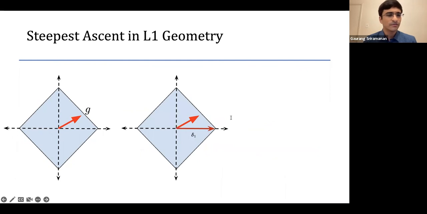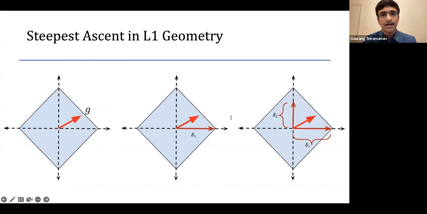And it turns out that it's fairly easy to show that steepest ascent in L1 essentially involves selecting the gradient component with the largest absolute magnitude and entirely saturating that particular pixel up to image constraints, which is 0, 1 in our case. And this process is repeated iteratively in a descending sorted order of the gradient component magnitudes till the L1 budget is utilized.